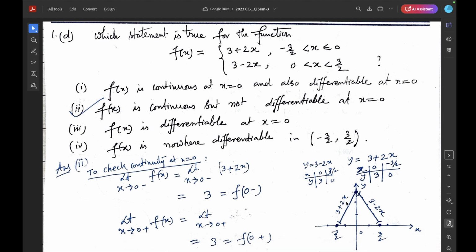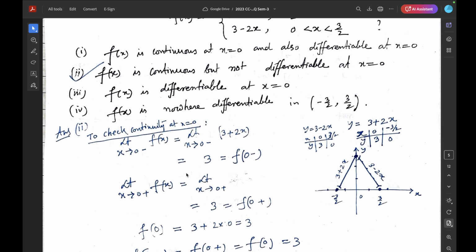First we draw the graph of 3 plus 2x and 3 minus 2x, on the interval minus 3 by 2 to 0, and 0 to 3 by 2.